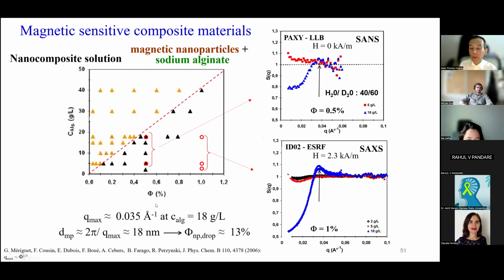We have investigated more deeply some of these samples. Typically here you have this result obtained by small angle neutron scattering. So here you have the structure factor as a function of the wavevector.